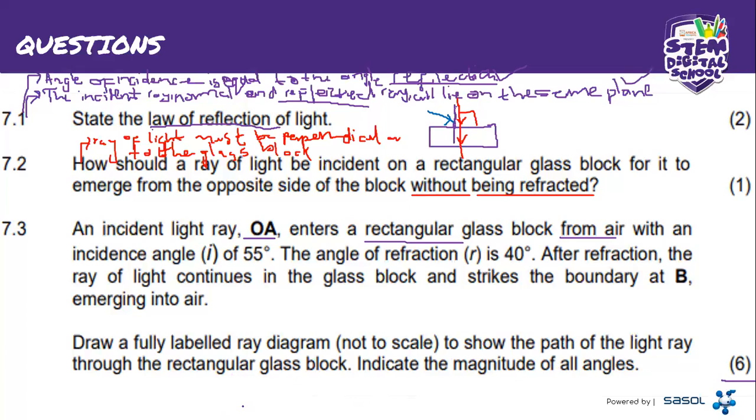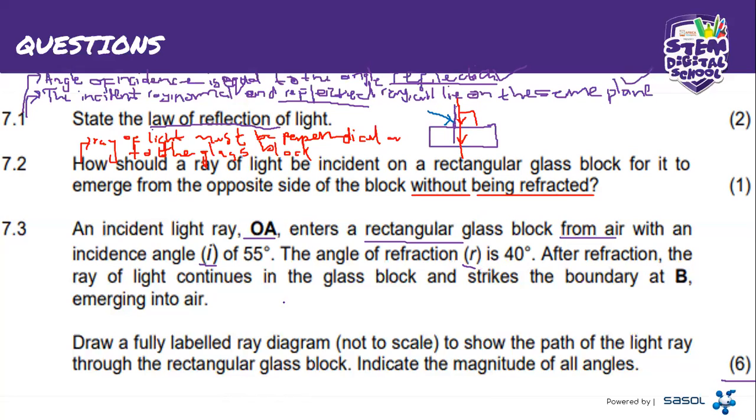And the angle of refraction is 40 degrees. So we know the angle of incidence, given as I, is 55 degrees. The angle of refraction, given as R, is 40 degrees.